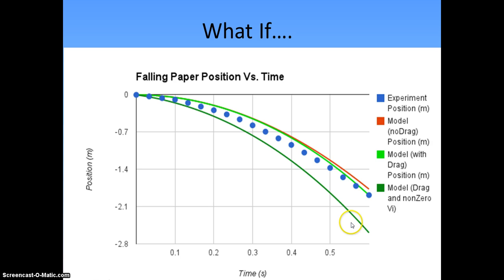Important to note is that if our initial velocity is non-zero, the magnitude of our terminal velocity is going to be much greater than in any of the cases where our initial velocity is zero. So a non-zero initial velocity gives a greater magnitude for our terminal velocity, which translates into a different, steeper slope here.